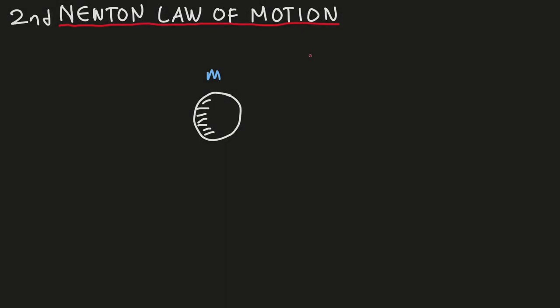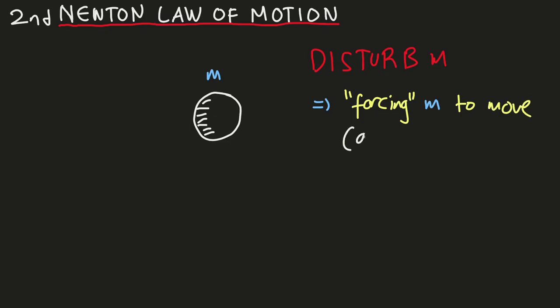Next, the second Newton's law of motion is about what happens if we disturb M by something. As a consequence, after we disturb M, meaning we force M to move, the acceleration is now a non-zero vector.